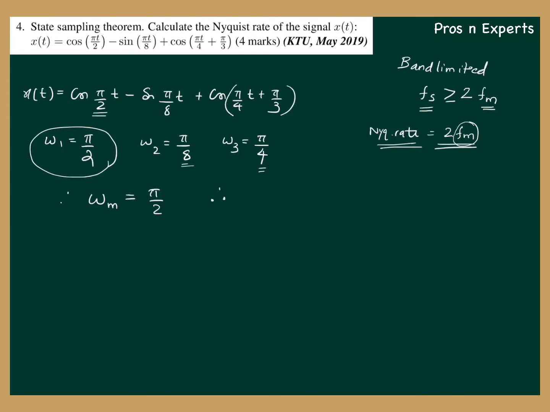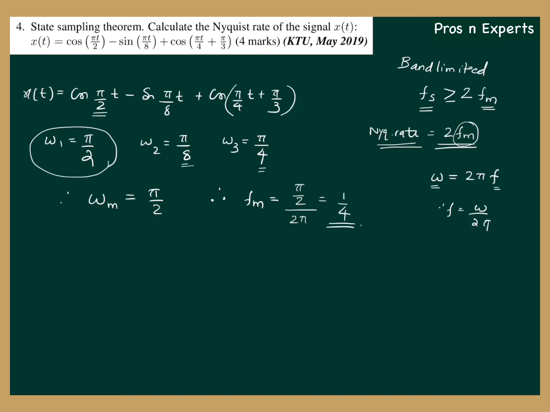Therefore, what is fm? Omega is angular frequency and f is linear frequency, and these are linked by omega equal to 2 pi f. Therefore f is equal to omega by 2 pi. So fm is equal to omega m divided by 2 pi, that is pi by 2 divided by 2 pi, which gives you 1 by 4.